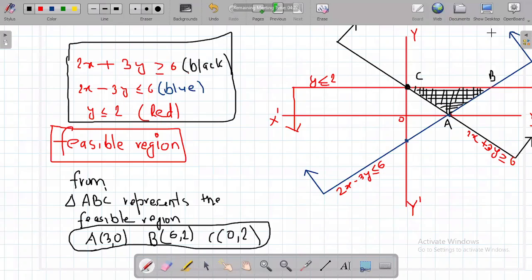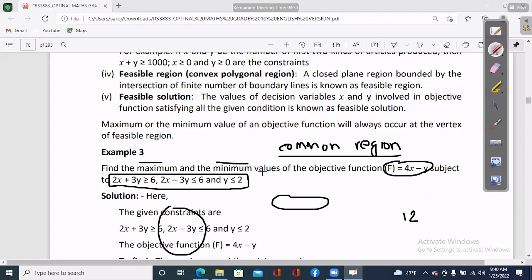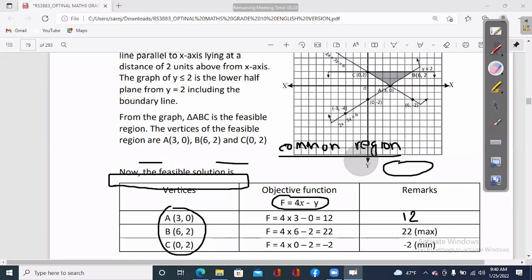Then you have to plug them into the given function, so that we can get the maximum and minimum value. So you can see we found the maximum and minimum value. So this is the way of showing.